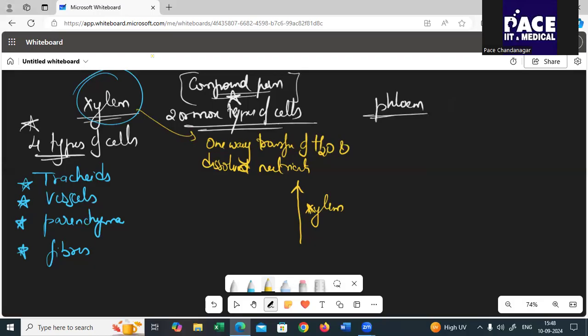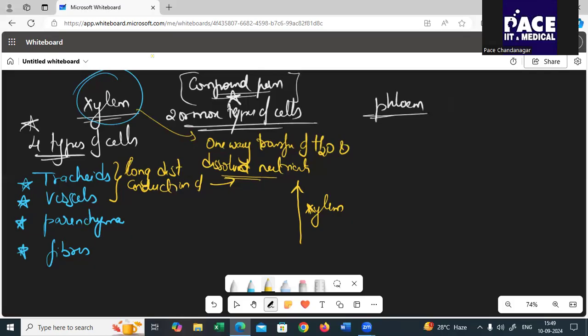And what are the functions of this? Xylem tracheids and vessels both help in long distance conduction of the upward flow of dissolved nutrients and water. Definitely long distance, because plants are sometimes very long, so you need a good amount of tracheids and vessels.